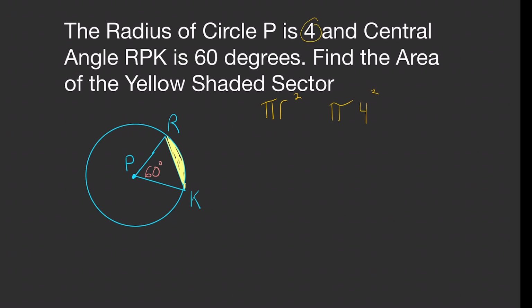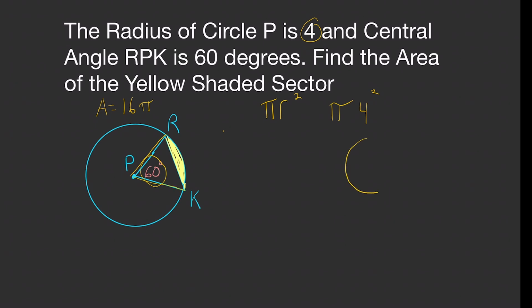So the area here is 16 pi, and then from there, you've got to remember, if we have 60 degrees, how many total degrees in a circle? 360. Let's say we were going to have this whole wedge.